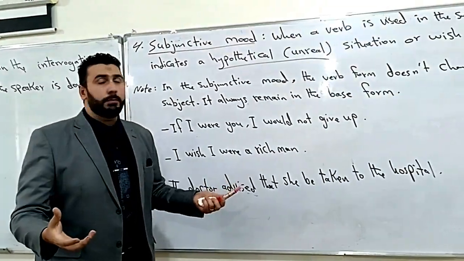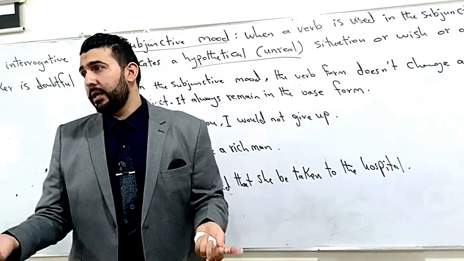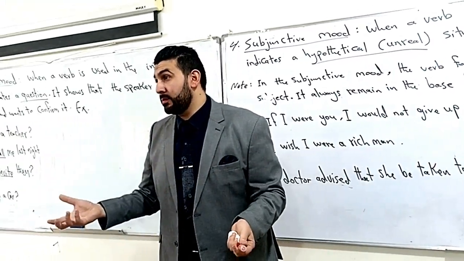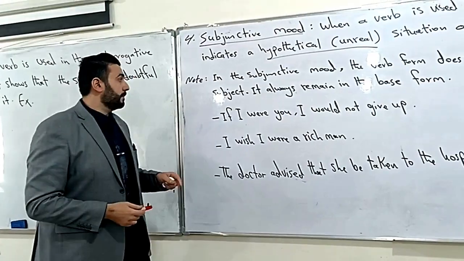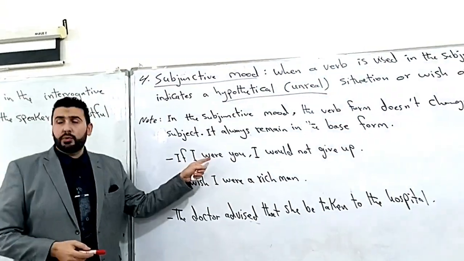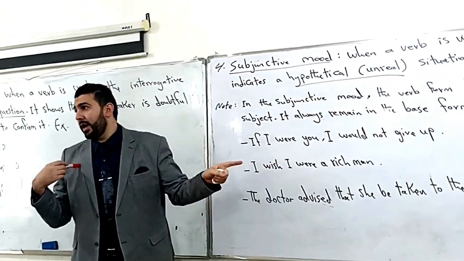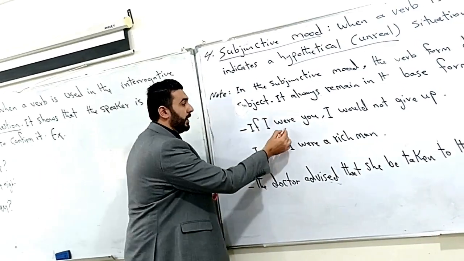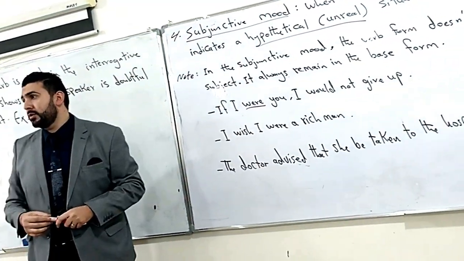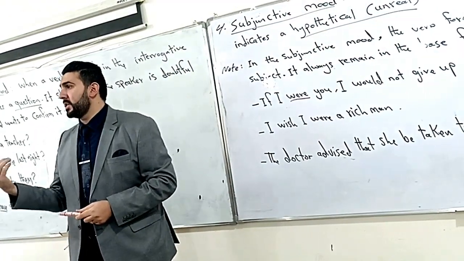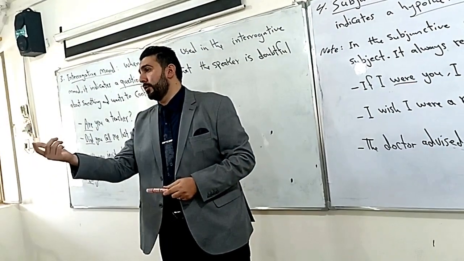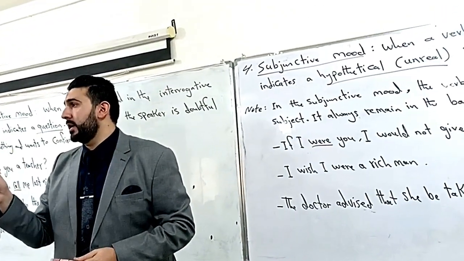For example, wishes, or desires, or dreams maybe. For example, if I were you. So here we use were just to reflect the wish. If I were you, I will not give up.